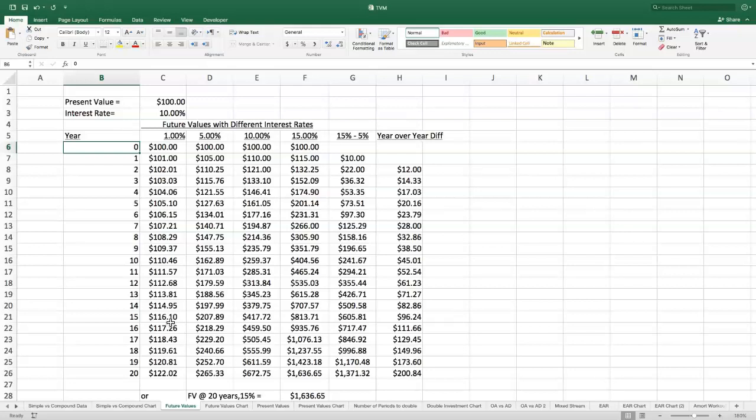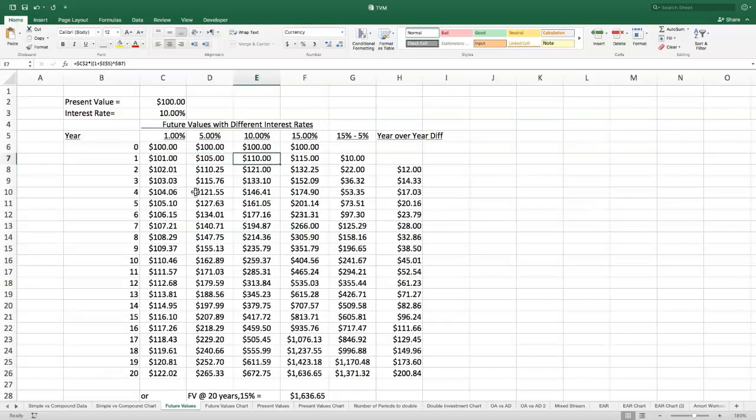So for example, let's look at what happens to our $100 invested with compound interest. Notice here at the end of the first year, if we have 1% interest per year, the future value would be $101. If we had 5% interest per year, the future value would be $105 after 1 year.